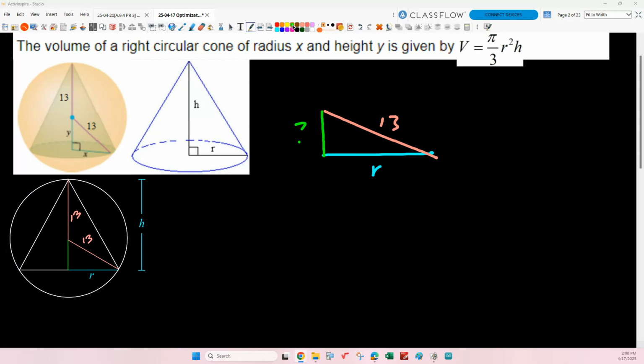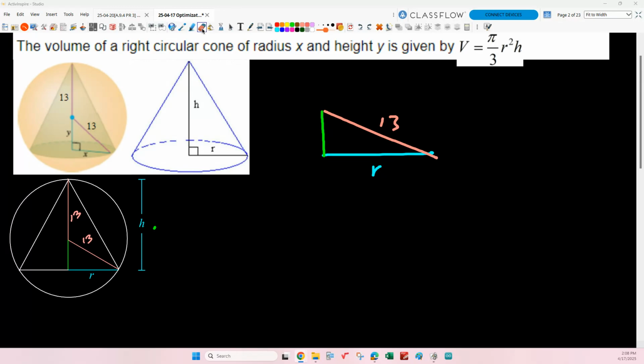Close. Oh yeah, you're right. H minus 13, yep. H minus 13, everybody see that? The total height of the cone minus 13 gives us that leg of the right triangle, doesn't it? Okay.